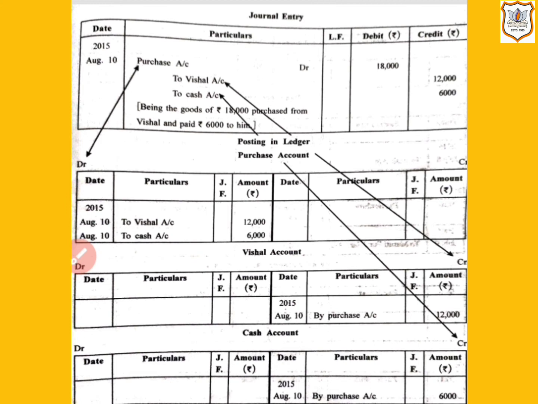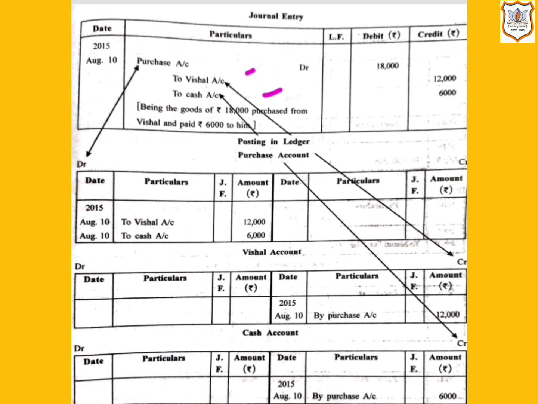Here, while posting on the debit side of purchase account, there are two accounts having credit for the same. Respectively, they are Vishal account and cash account. Here it is, opposite corresponding entry.